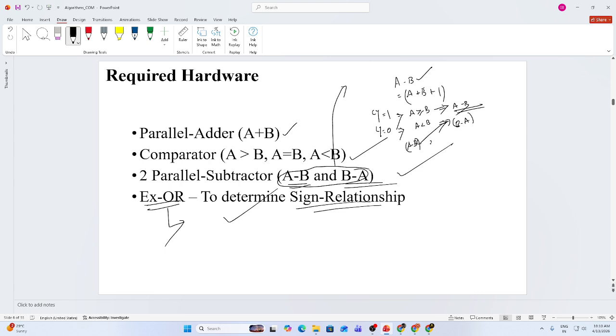Just take the 2's complement of a minus b to get b minus a. So this is how we can reduce the hardware.